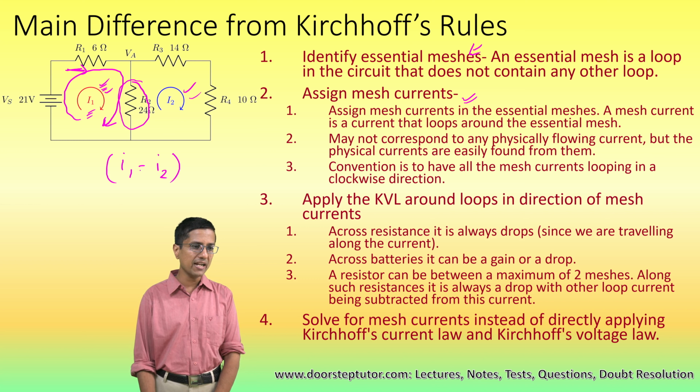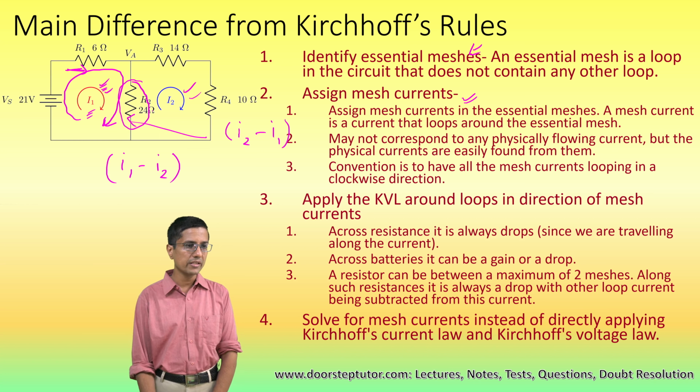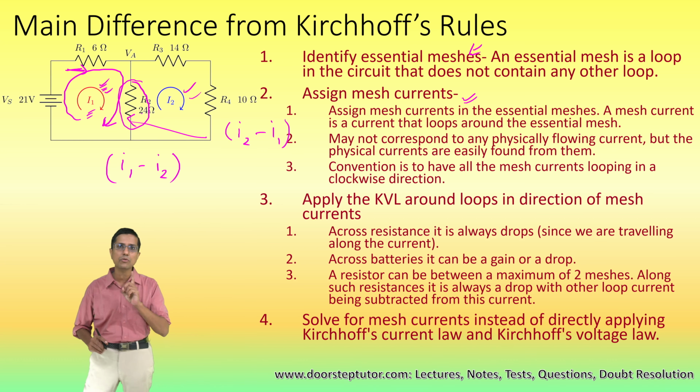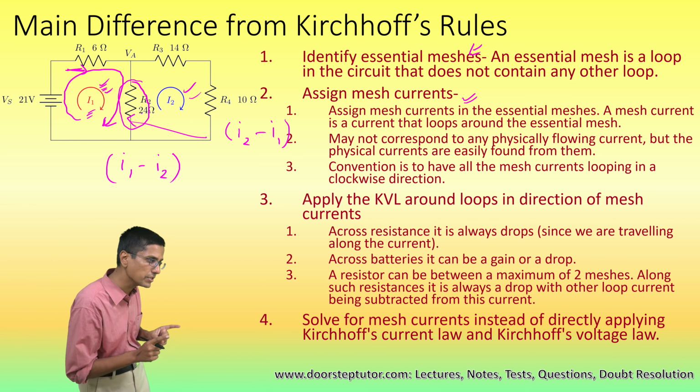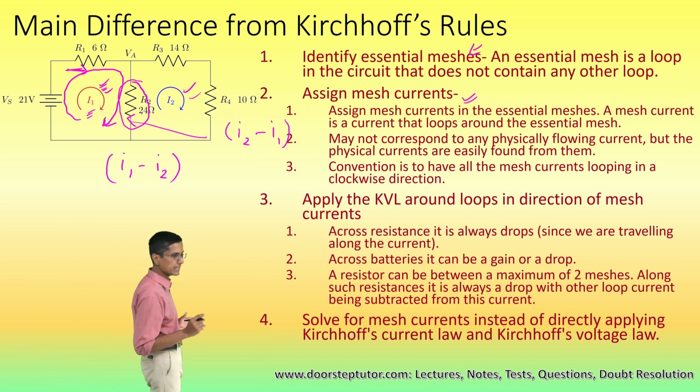If I am analyzing mesh 2, I write the current as I2 minus I1. Then this resistance, this R2, this 24 ohm resistance, would also contribute a potential drop, and that is the convention that we would follow, because we don't want to make mistakes in our signs.